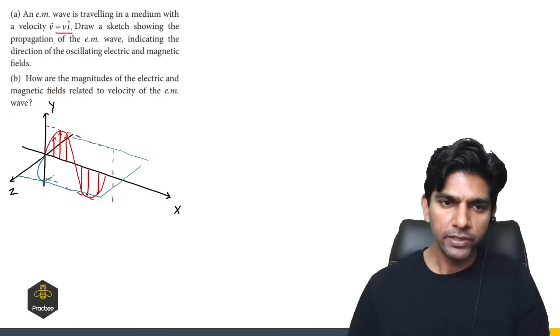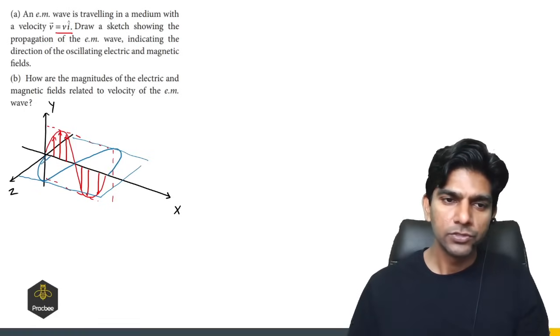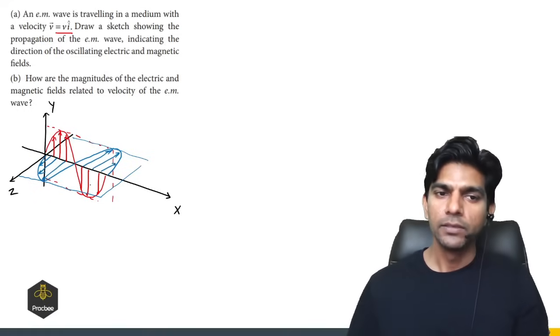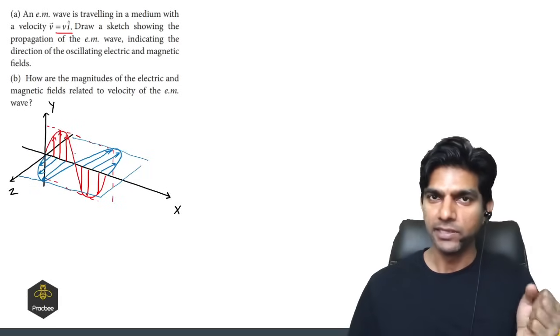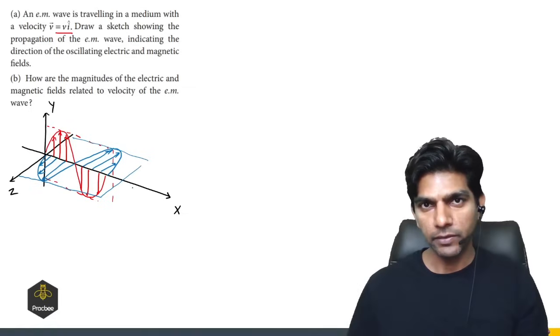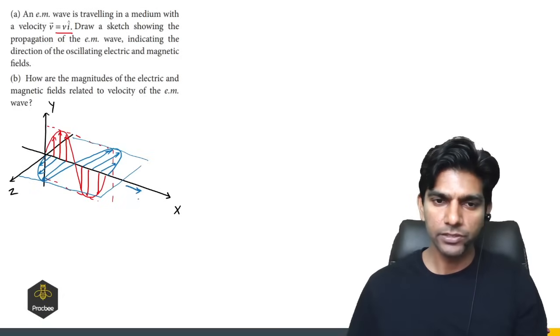Both electric field and magnetic field are in phase, so they'll become maximum and minimum at the same time. So I can show it like this. I hope it is clear. The blue one is the magnetic field and the red one is the electric field. So like this, we can show the electromagnetic radiation which is propagating in the x direction. So this is the direction of propagation.